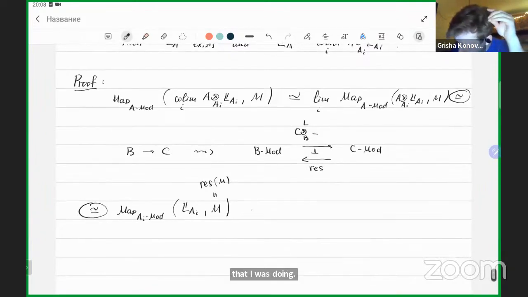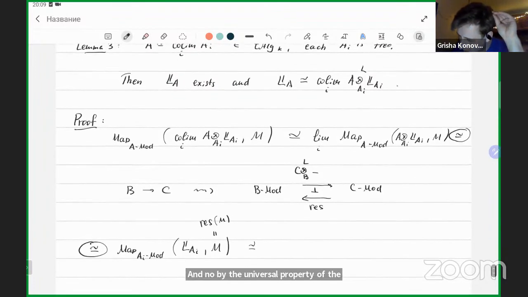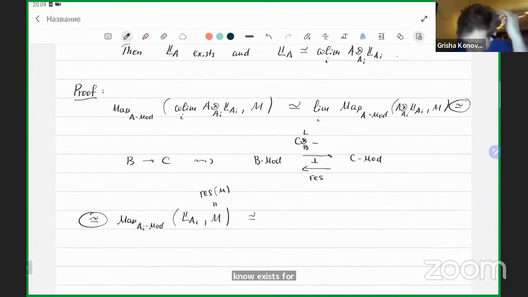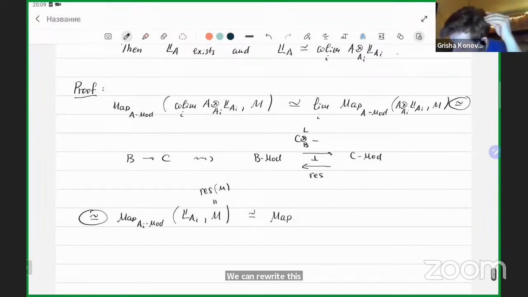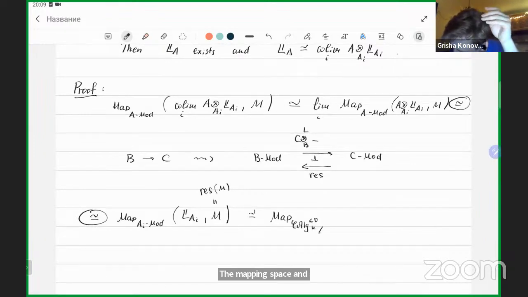And now, by the universal property of the cotangent complex, which we know exists for A_i because it was free, we can rewrite this mapping space as the mapping space in the category of algebras over A. No, not yet. Let's write it as follows.